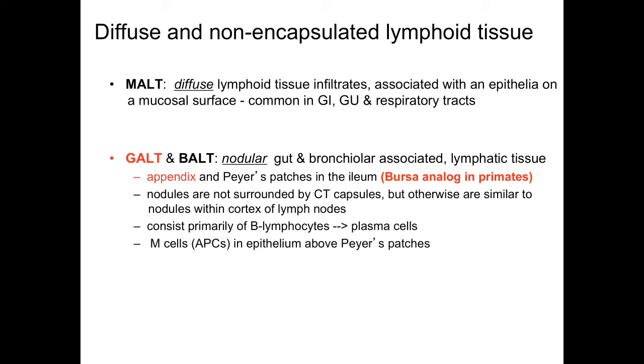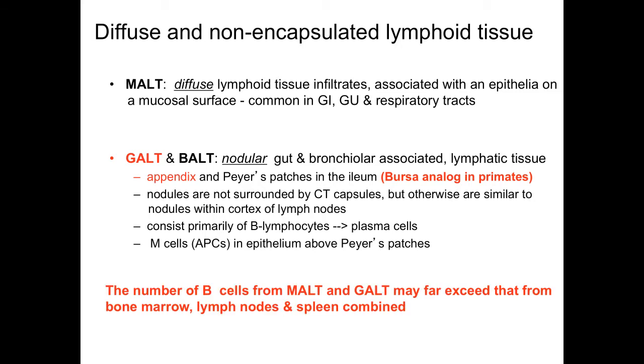We will also talk briefly about M cells, or antigen-presenting cells. These are cells in the epithelium of the GI tract above Peyer's patches, and they're often fairly easy to pick out in the histological preparation.